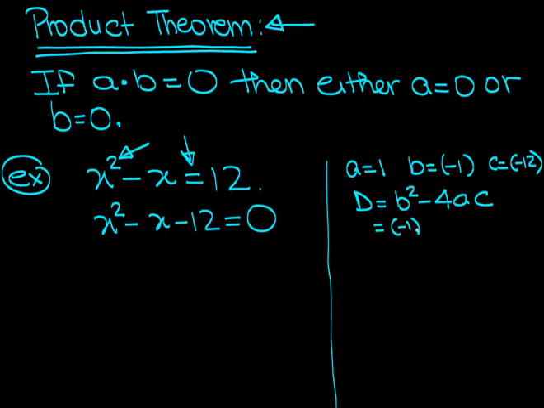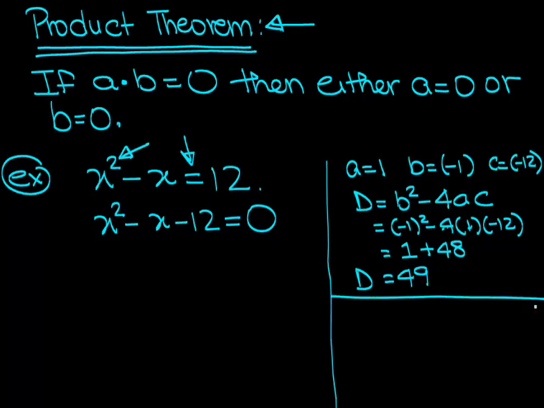So you get negative 1 squared minus 4 times 1 times negative 12. Negative 1 squared is 1, plus negative 4 times 1 is negative 4, and negative 4 times negative 12 is positive 48. So you get 49, and that's a perfect square because 7 times 7 is 49. So in this case, we know that this polynomial can be factored.